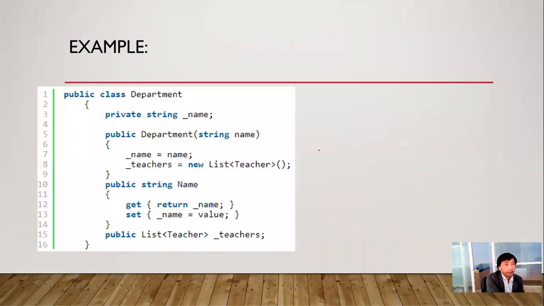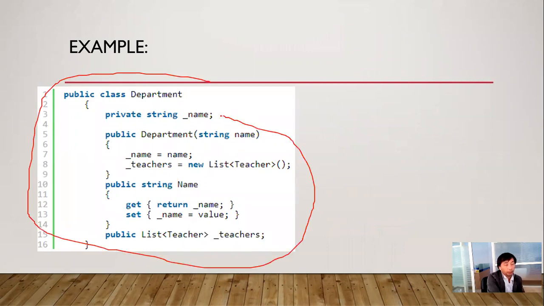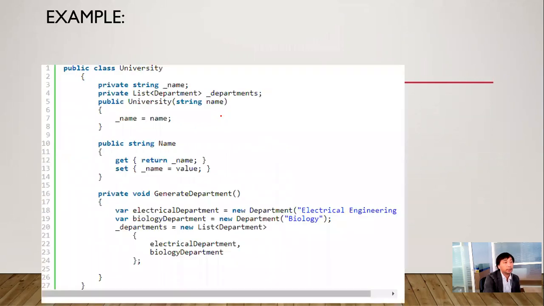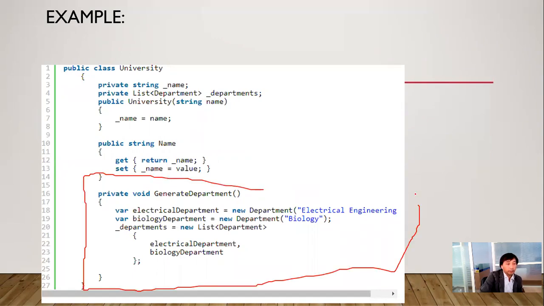Okay, and an example of using this kind of design in programming code would be this one. Let's say we have a class department, similar to the previous, and we will also have another class called university. This is the difference from the aggregation relationship. You create the child object inside the parent object.